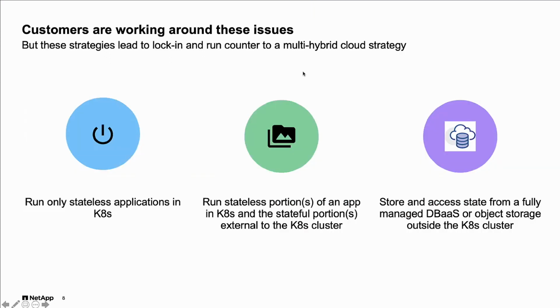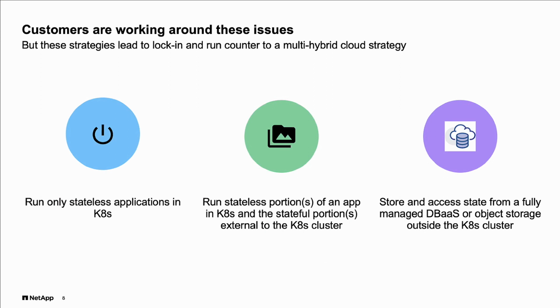So what are customers doing? They are actually working around. In many cases, they are only running stateless applications on Kubernetes. So it's a powerful platform, but they're not able to take advantage of it. In other cases, they're running the stateless portions of an app in K8s, and the stateful portions outside K8s, so they'll run a database in a VM outside the Kubernetes cluster, and try to manage and maintain state and store state and access state from that, which works.